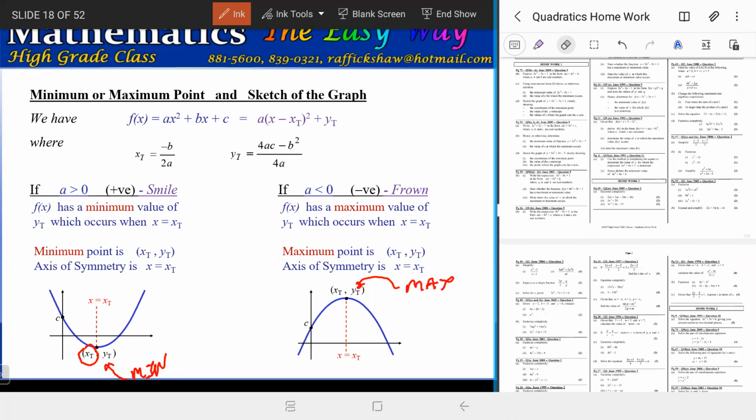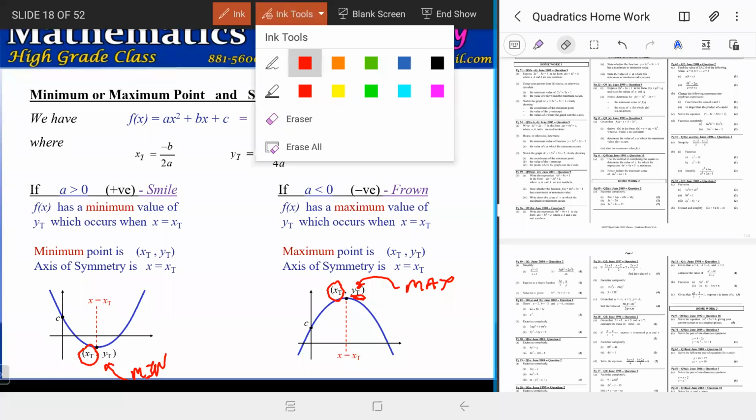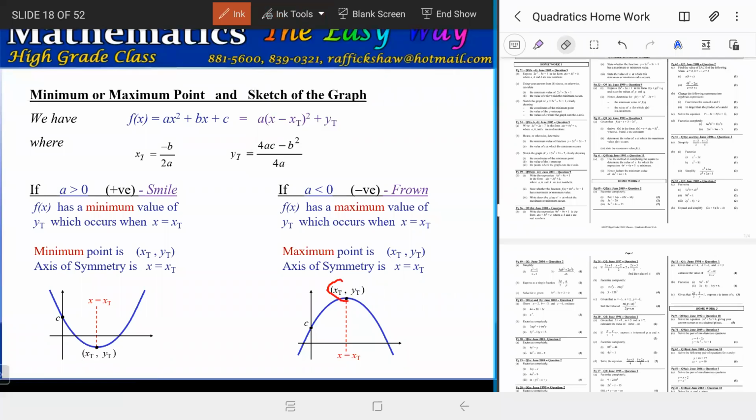And the function has this maximum value when the x value is the xt value. So I like to say the xt value and the yt value go together because they are coordinates of the vertex. Here we have a minimum vertex. Here we have a maximum vertex.